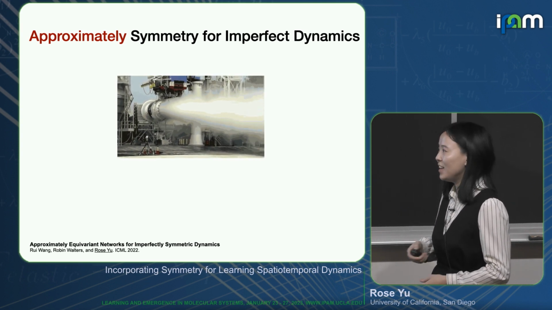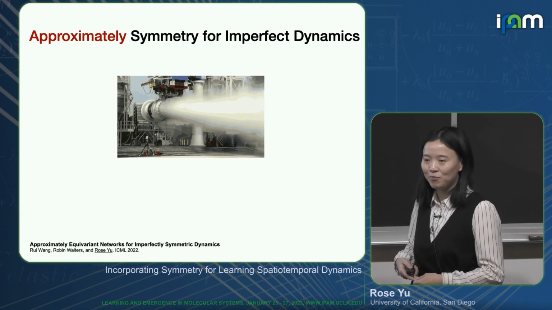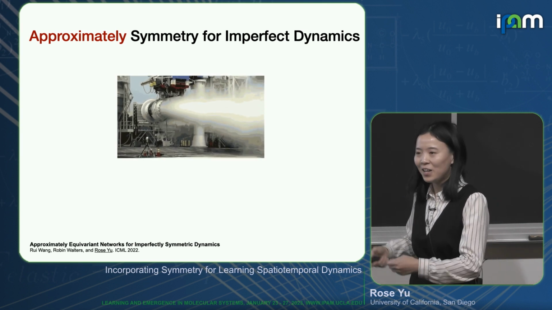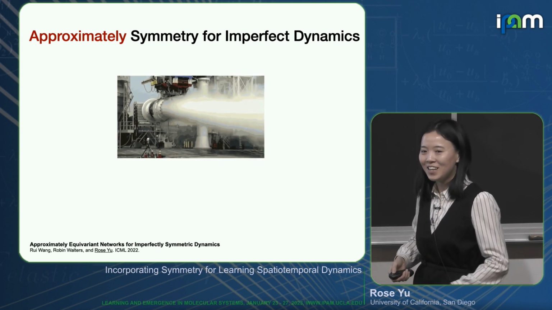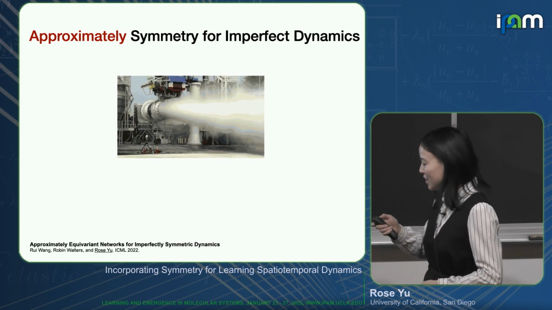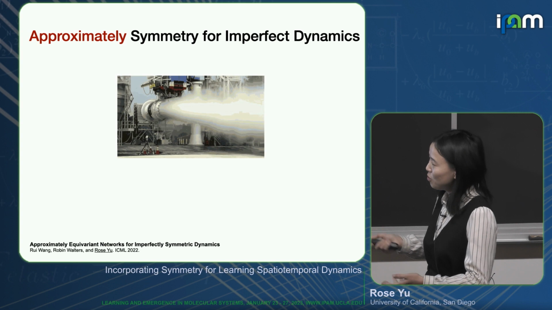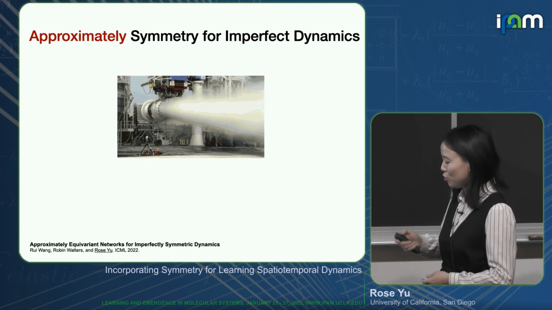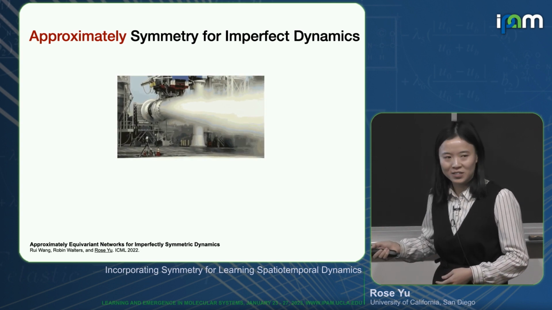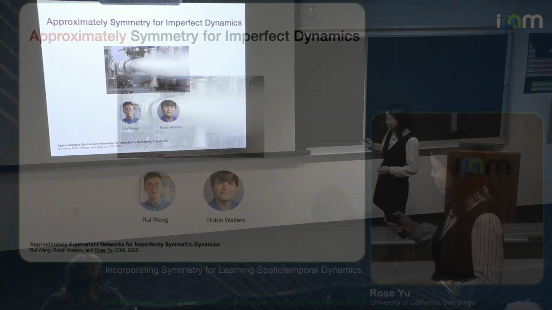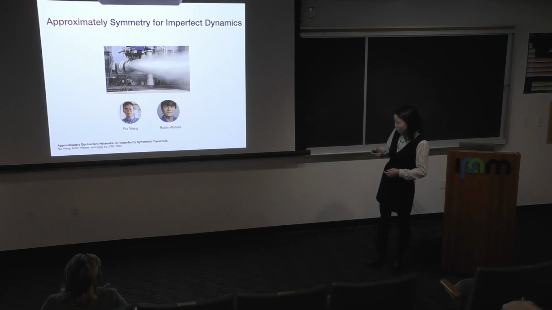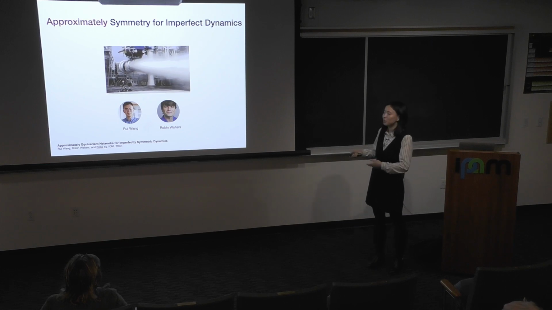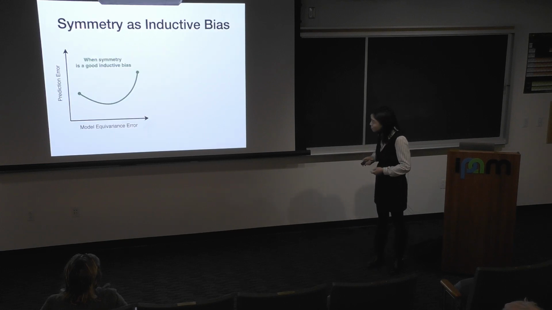It took us some time to actually obtain real-world turbulence data, and I had to negotiate with people at NASA, to beg them to give us the data. But we finally got it. And I think we were probably the first to try this model on real-world turbulence data. Again, the work was led by my PhD student, Ray, and my previous postdoc, Robin, who is an assistant professor now at Northeastern.